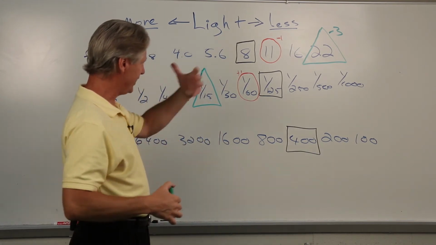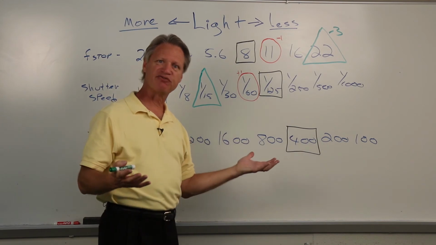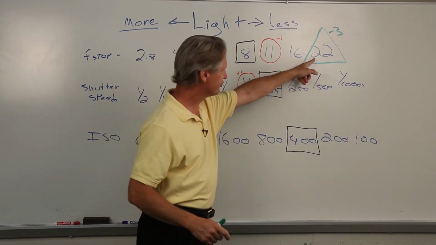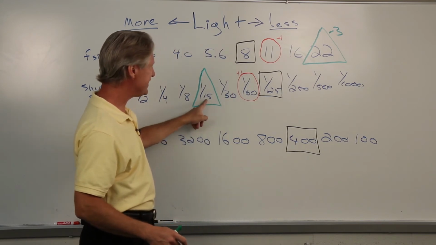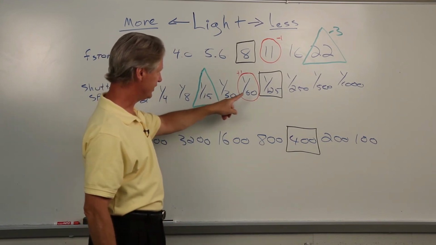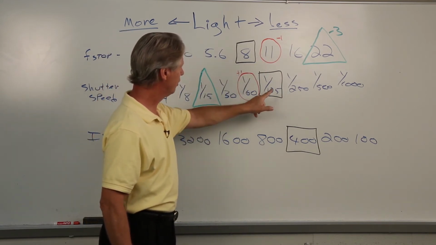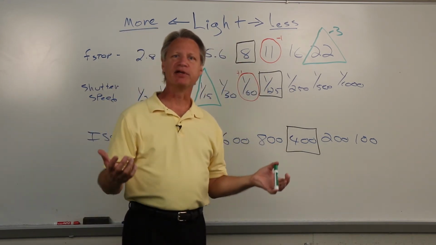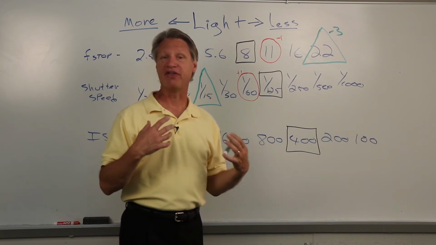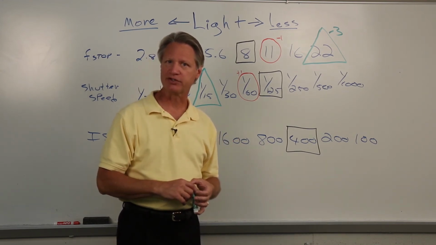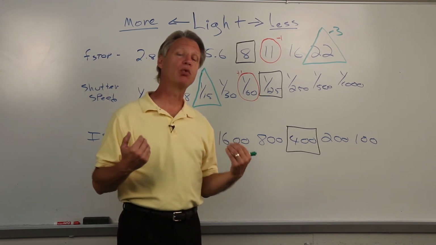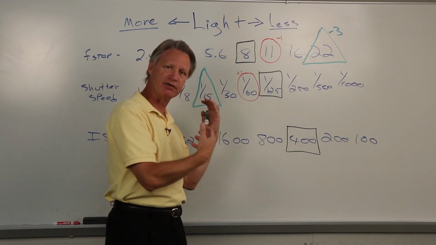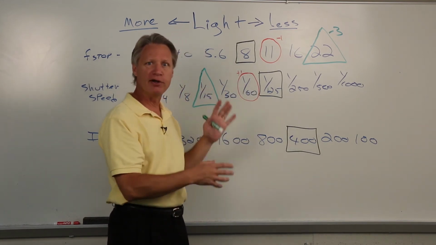So now the picture will look exactly the same as far as the total amount of light coming in the camera at f22 at 1/15th of a second as it is at 60 at 11 or 125 at 8. And that is the miracle of photography, and that's why photography works, because everything is one stop apart and we can freely exchange one stop for another.